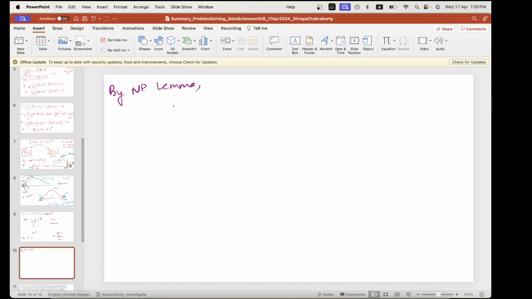what is the intuition? If I have to reject my null in favor of the alternate, then the likelihood of the null hypothesis should be less than the likelihood of the alternate parameter given our data. So L theta naught given x1 to xn by L theta 1, I'm writing for the time being, x1 to xn, this should be less than or equal to k.